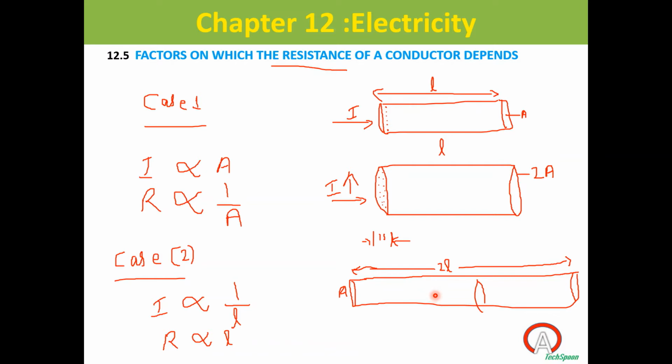After finding the current, we can find the resistance, because resistance is just opposite to the current. If current increases, resistance decreases, and if resistance increases, current decreases, inversely. So if you found how the current varies, it is very easy to find out how the resistance varies. Clear to all of you?